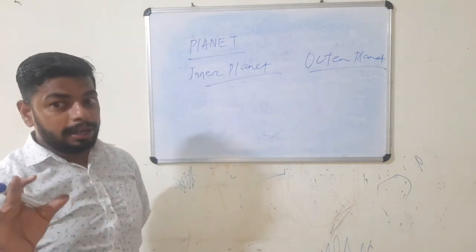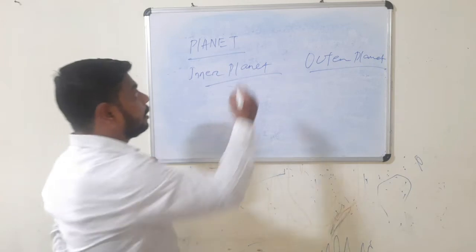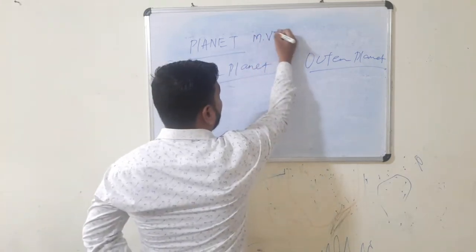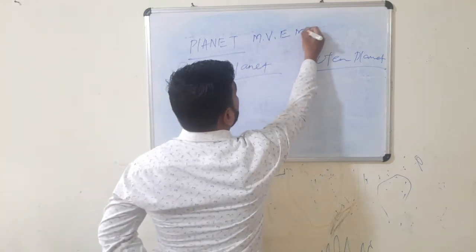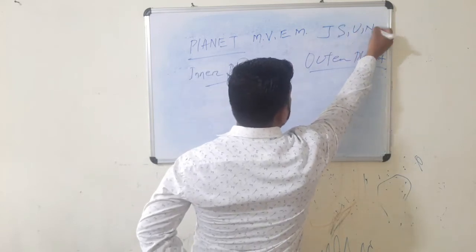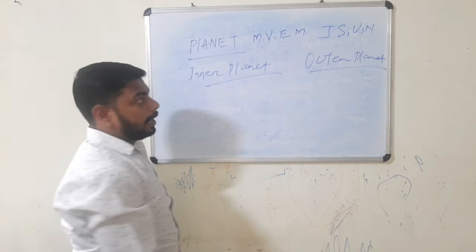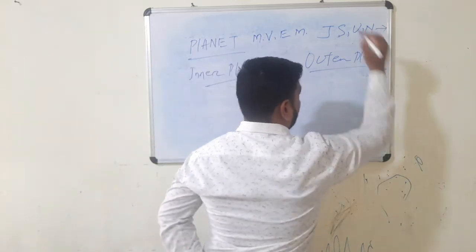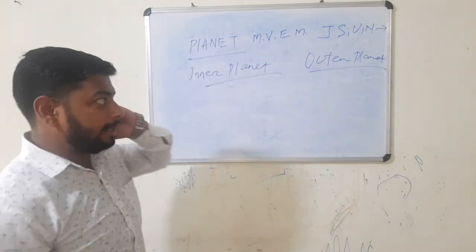And how many planets? 8. What are these? Mercury, Venus, Earth, Mars, Jupiter, Saturn, Uranus, Neptune. Beyond that it is called the Kuiper belt, where the dwarf planets are there.